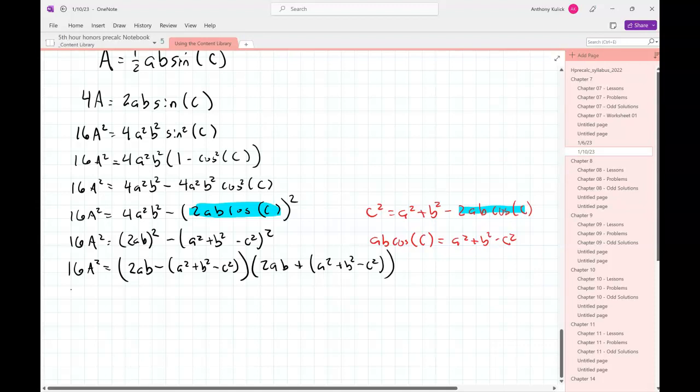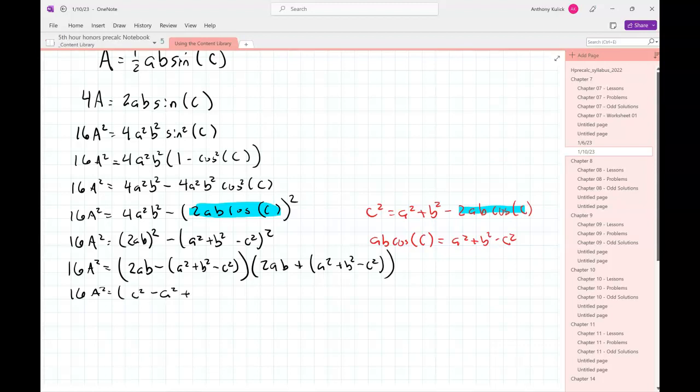All right, I'm going to do some clever rearranging here. So I'm going to go ahead and distribute through my negative sign. So I'm going to write c squared first. I'm going to have minus a squared plus 2ab minus b squared.